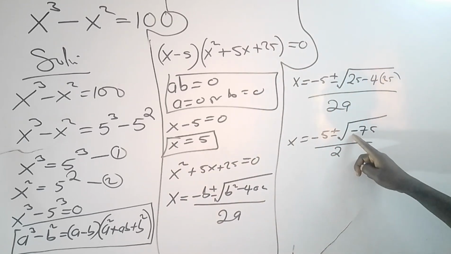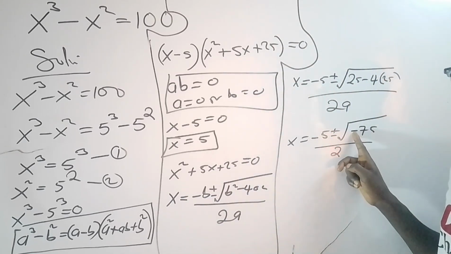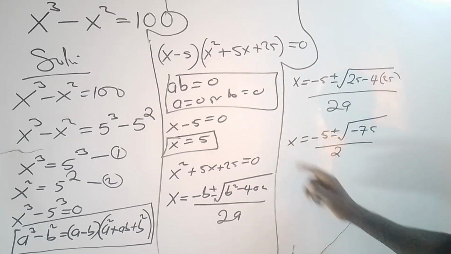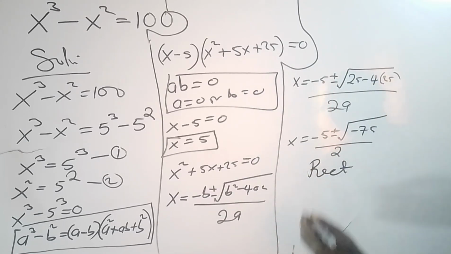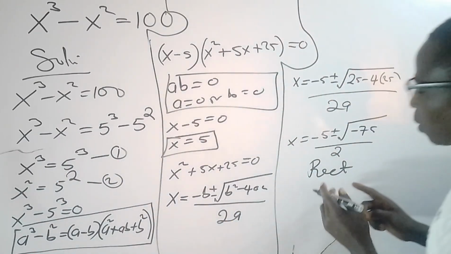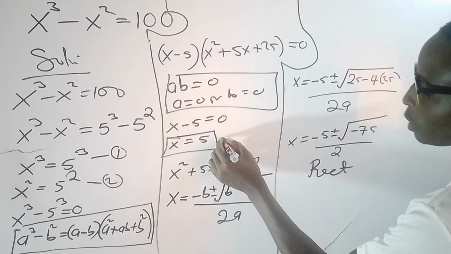Because of this negative sign, we are not going to have a real value of x, so we reject this. That means, based on the first equation, the real value of x is 5.